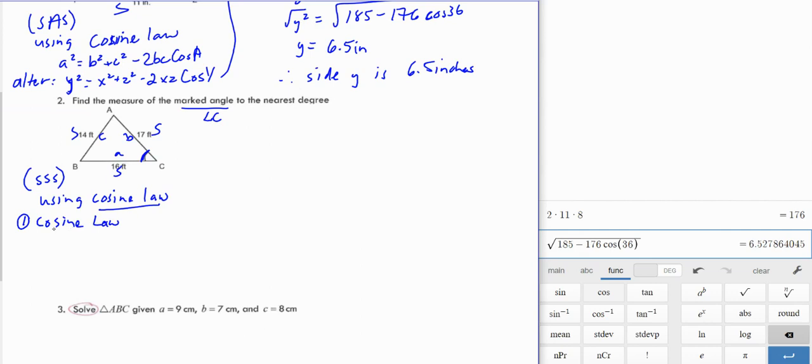And then you can choose whether one saves you some time or not. So if I am looking for this angle, then I am starting with C squared, and then the two other sides, A and B, minus 2 times the two other sides, and then cos big C. Or I can use the modified.